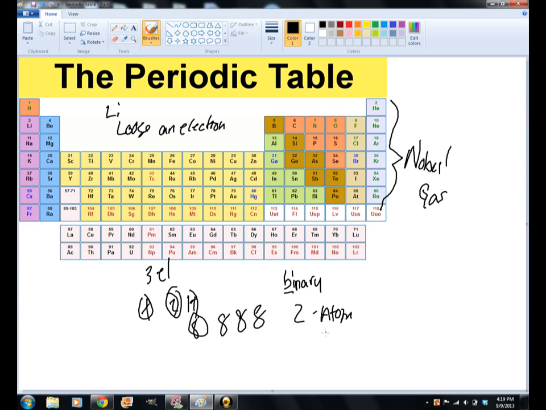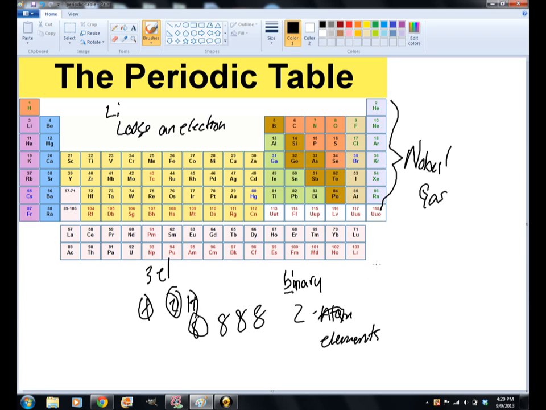Not really atoms, but elements. So what we do here now is we find 2 elements that we like, and we have to make them combine.